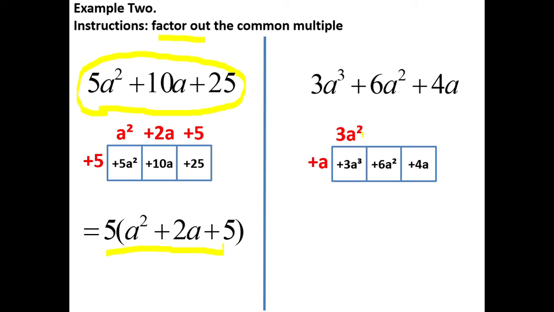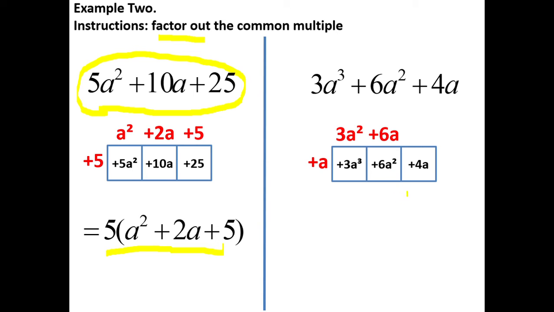A to the 1 times a to the 2 gives you a to the 3. All right, let's try the second one. Well, what do you need up here? Well, we're going to need a 6 because there's a 6 here in the answer. And a to what power? Well, this is a to the 1. So what power a do you need up here to get an a to the 2 in the answer? Well, if it's a to the 1 here and it's a to the 1 there, then 1 plus 1 gives you 2 in the answer.